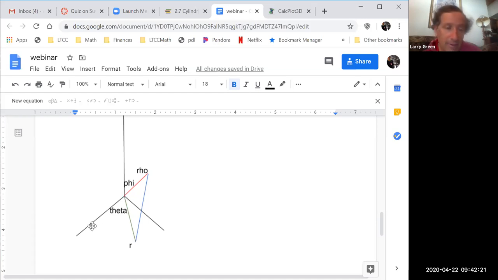You look at the positive x-axis, and theta is the angle between those. That's the same as it was with cylindrical coordinates, which is just a variation of polar coordinates. Any questions on theta?